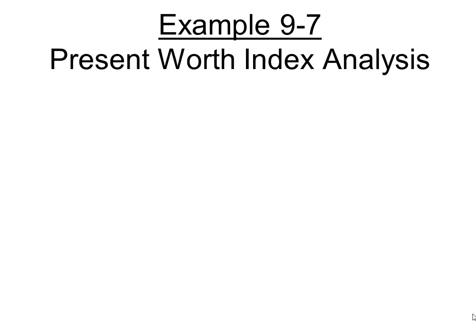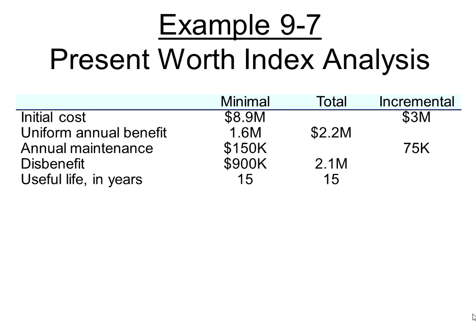Alright, another example of present worth index analysis. As you remember, present worth index analysis is used in the private sector, and basically everything is put in as a benefit except for the initial cost. The initial cost is what goes at the bottom. So again, minimal, total, and incremental.